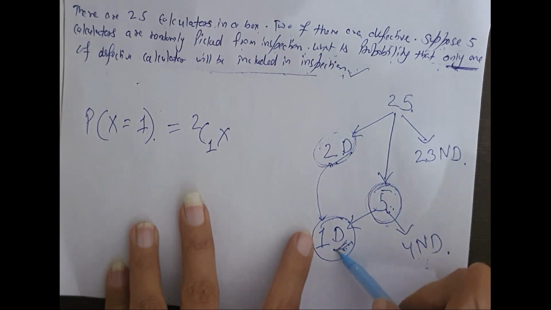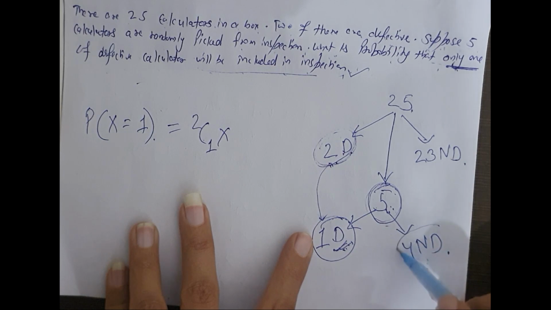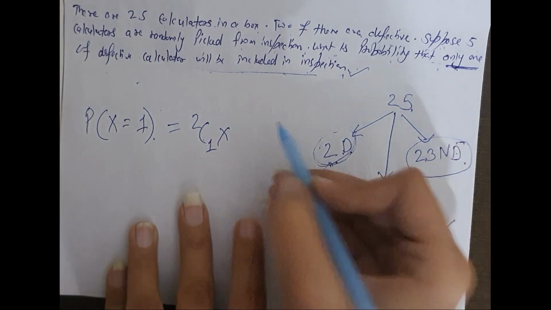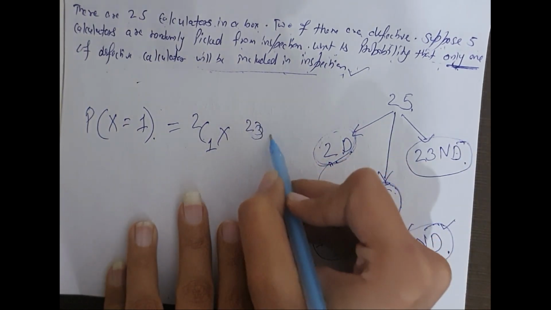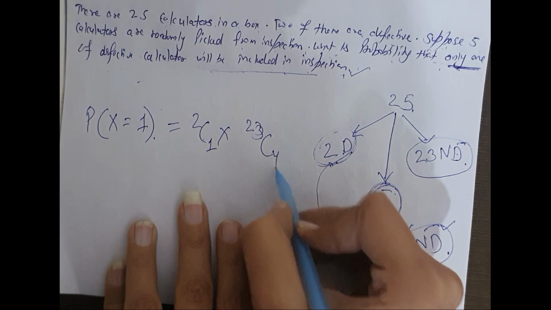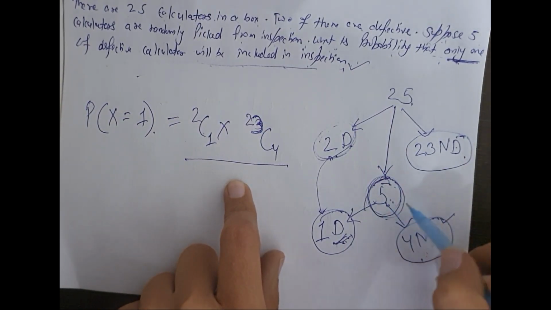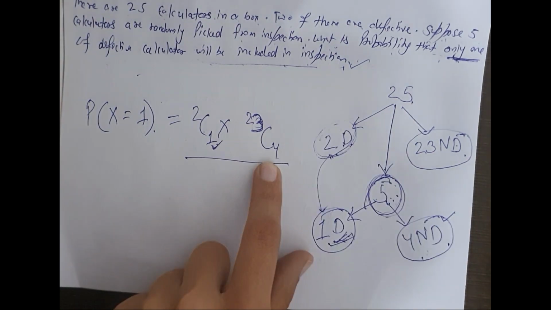If 1 is defective, then obviously 4 are not defective. Total number of not defective is 23. From 23 we have to choose 4 that are not defective, because we have to choose 5 in total.